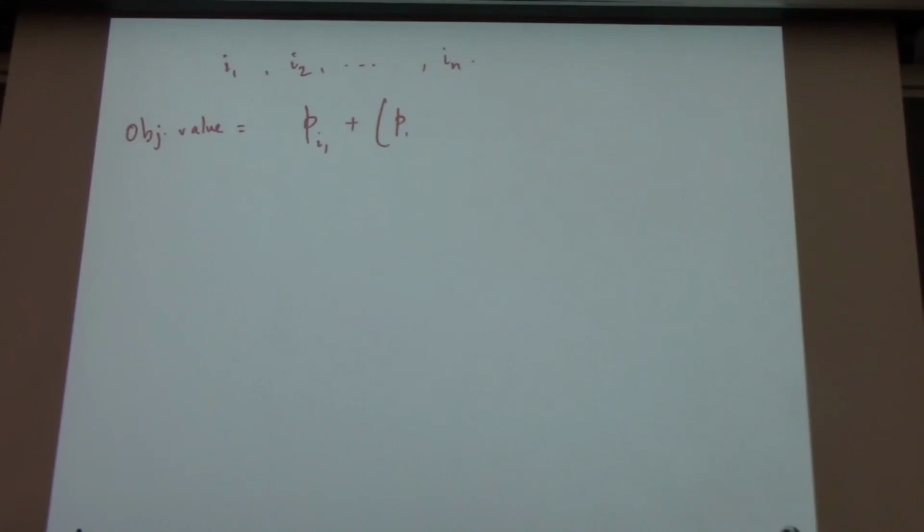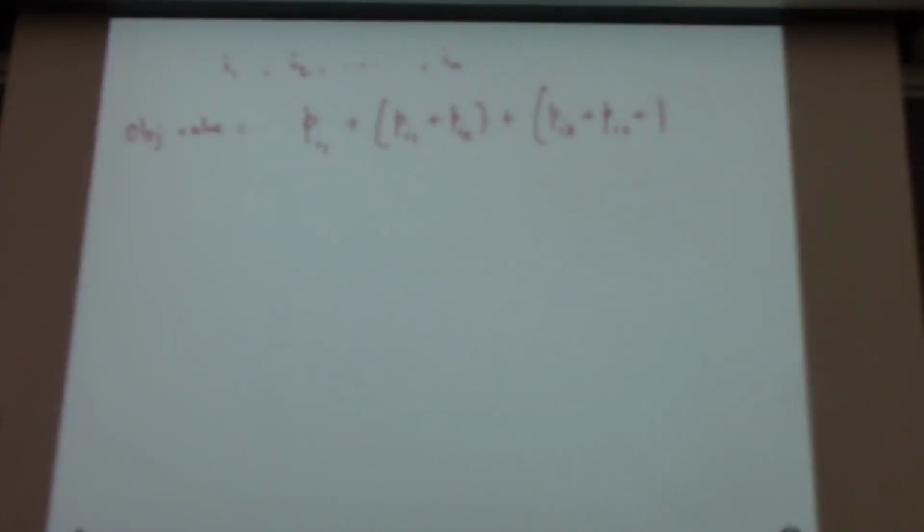The objective value is PI1, plus PI1 plus PI2, plus PI1 plus PI2 plus PI3, and so on.